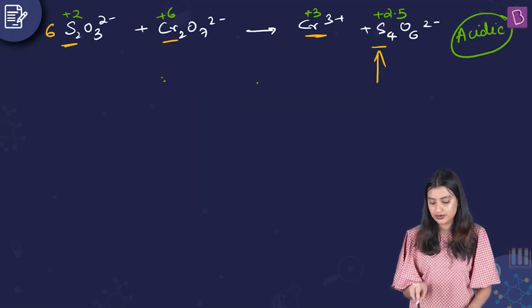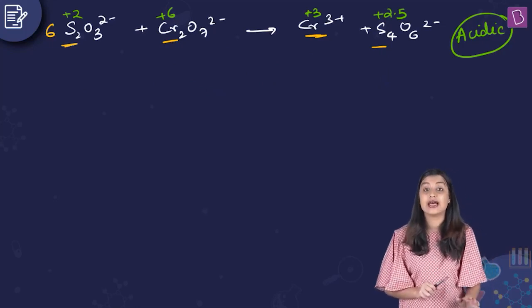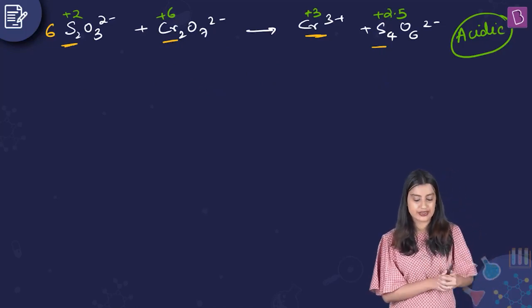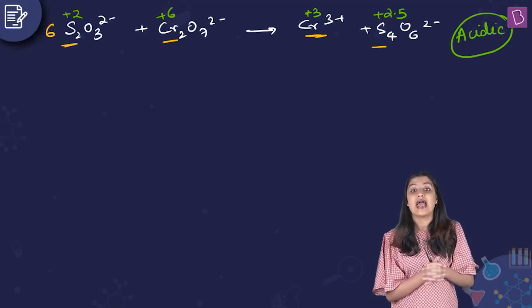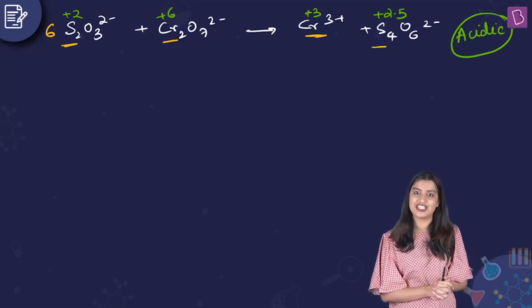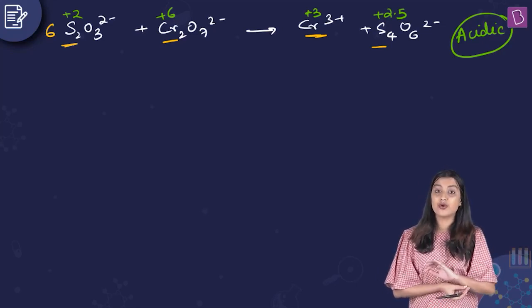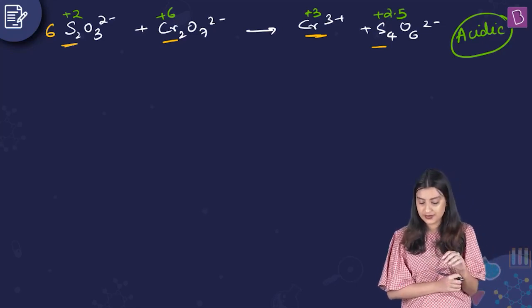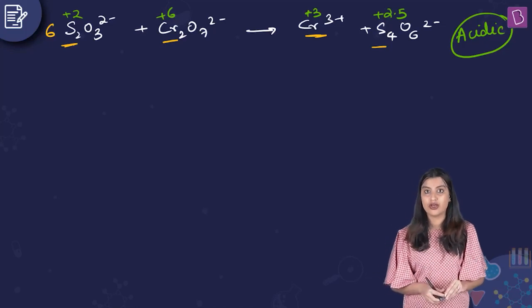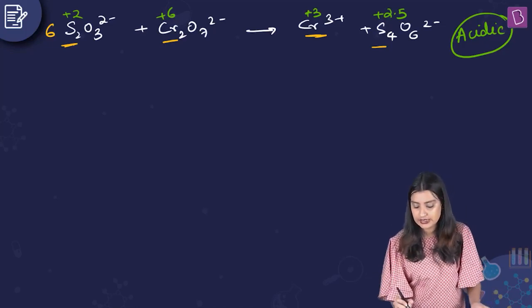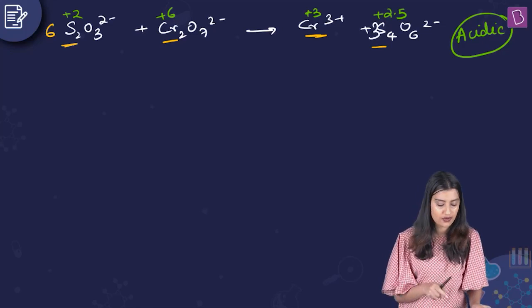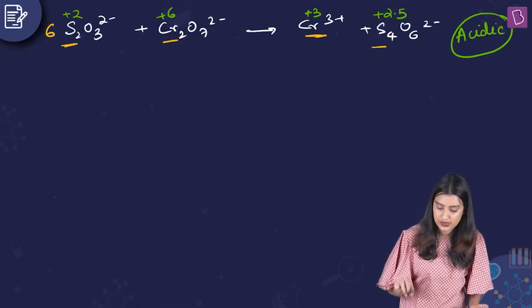Now I'll clear this out. And now what you can see is that we have reached the second step, where we balance the elements that are undergoing oxidation and reduction. See, on the reactant side, you have 6 into 2, 12 sulfur atoms. On the product side, you have only 4. So 12 by 4, 3 is the stoichiometric coefficient of S4O6 2-.